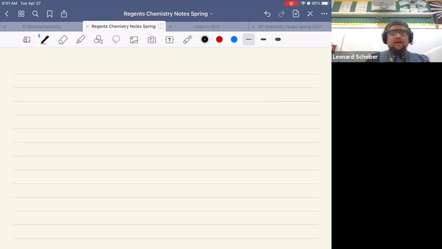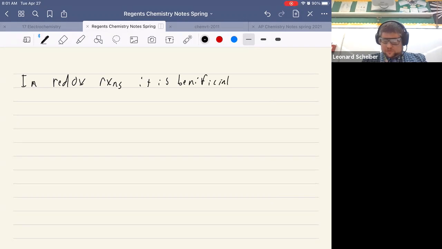And today we're going to continue talking about redox reactions. In redox reactions, it is beneficial to treat all bonds as ionic bonds, kind of.